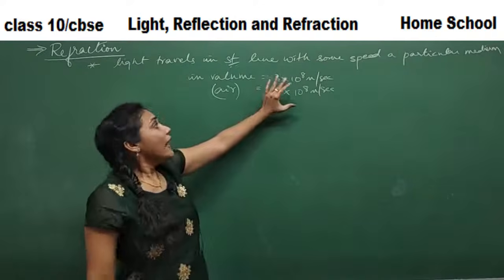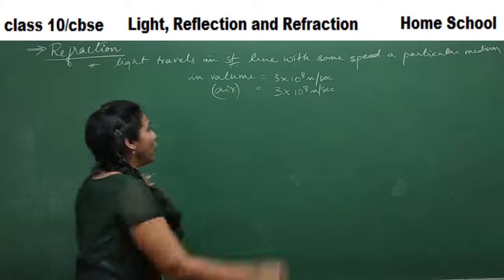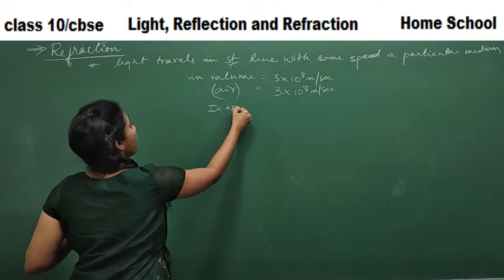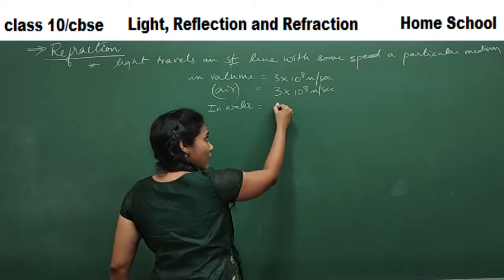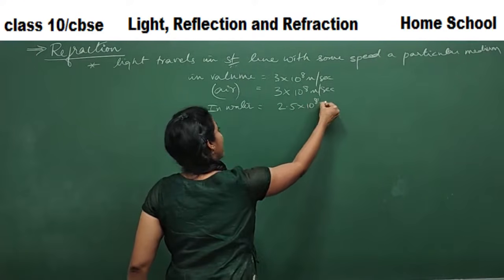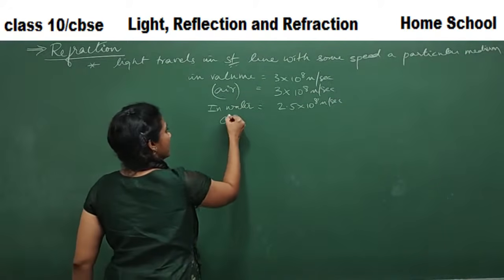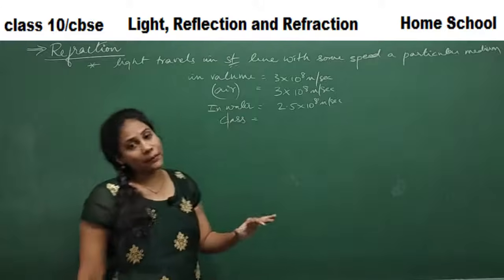And if I change the medium, you know what? I'm talking about the speed of light in case of water. In water, it is 2.5 into 10 to the power of 8 meters per second. In case of glass, all these are transparent media.